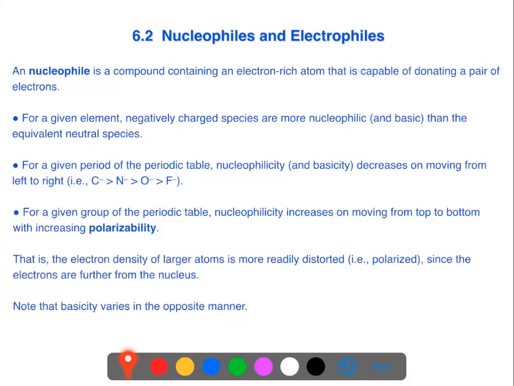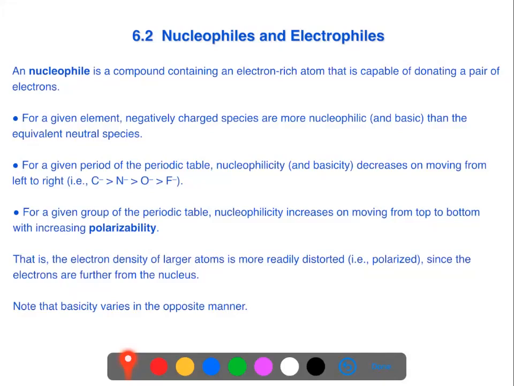So if you have a region that's partially positive, as you would encounter with a potential electrophile, and an incoming nucleophile is able to move its electron density around its atomic core towards that partial positive charge, then that is going to enhance its ability as a nucleophile.